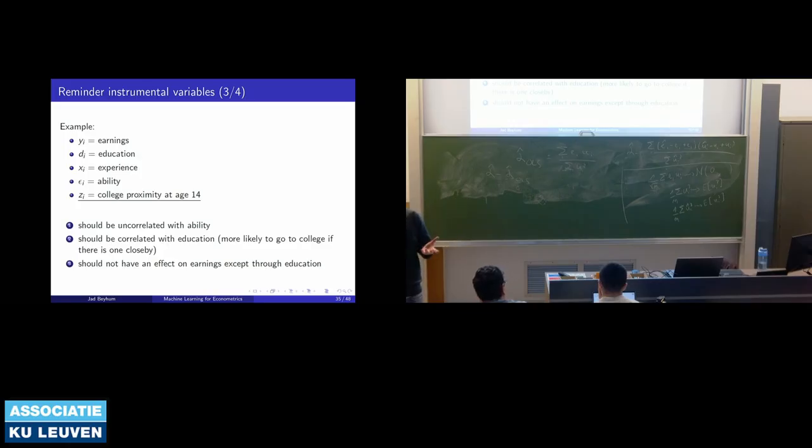Now, if the three conditions hold, the only difference between these two groups is going to be that one group has more education than the other one, because growing up close to a college makes you more likely to go to college. And then I can just compare the wages between these two groups, and the difference in wage will be the causal effect of this difference in education.